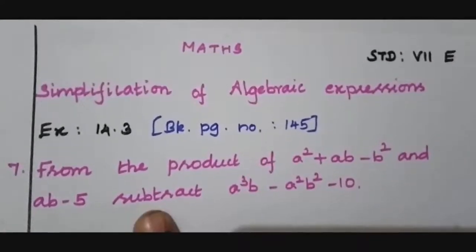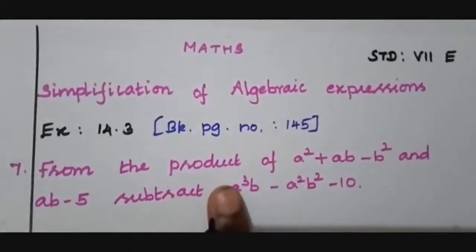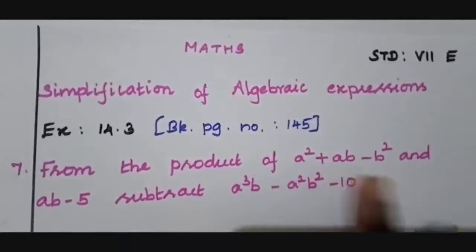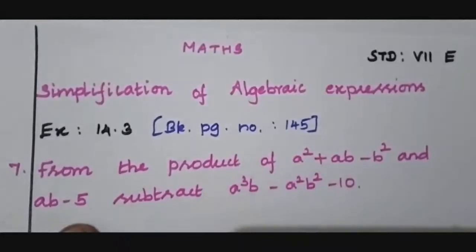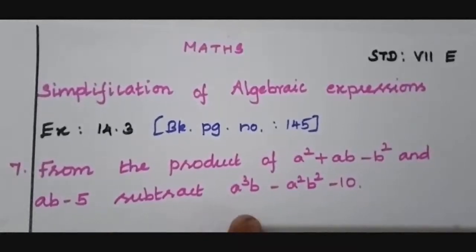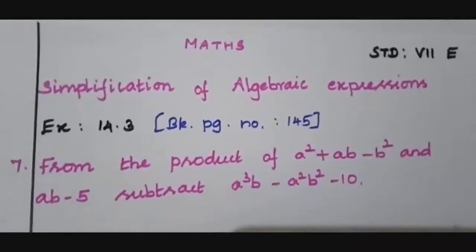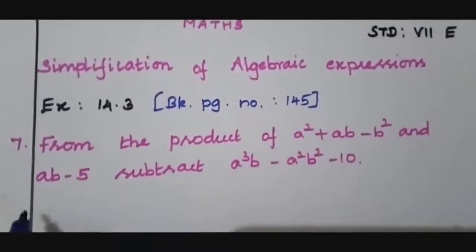The first step, you have to find the product of a square plus ab minus b square and ab minus 5. And second step, from the step 1 answer, you have to subtract a cube b minus a square b square minus 10. Is it clear, children? Yes.